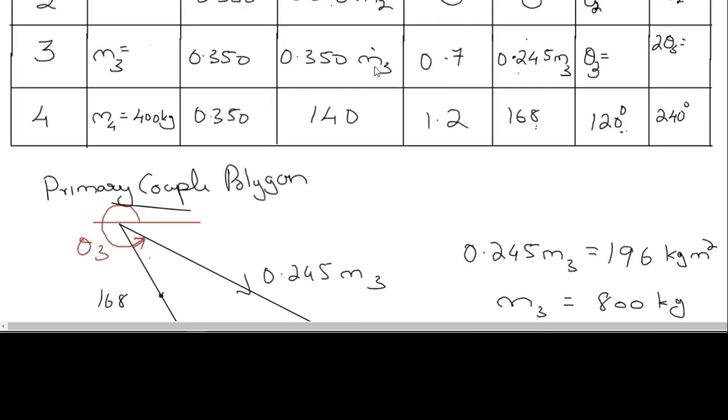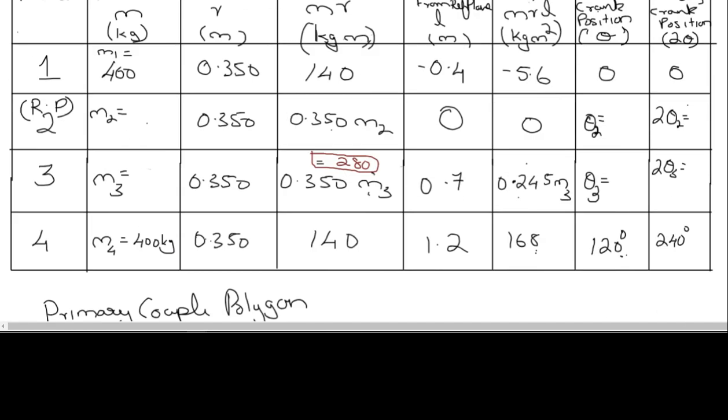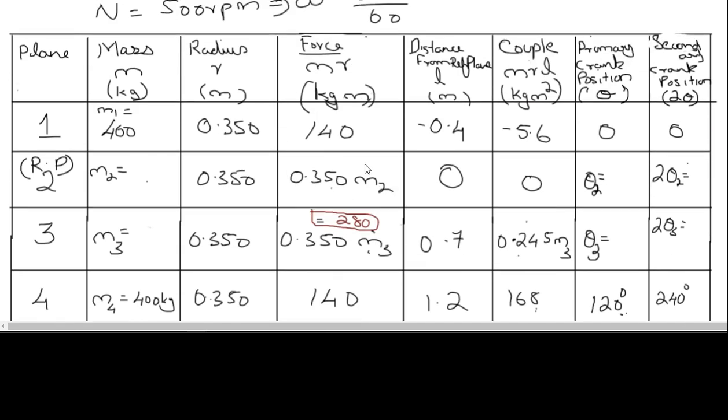So you can substitute this M3 in this one, and you will get around 280. This will give you 280 kilogram meter, and we already know the angle 318, so we can draw this force polygon, the primary force polygon with angles, and find out 0.350 M2 as the closing side of that polygon.